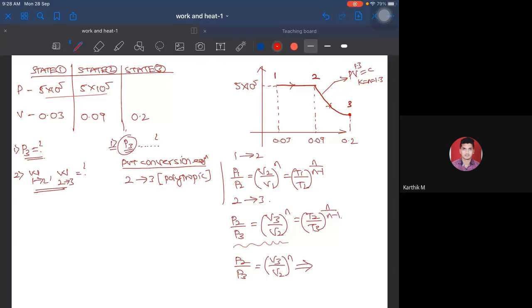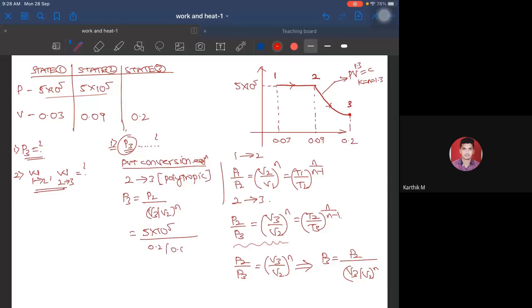So P3 is equal to P2 divided by V3 by V2 whole to the power of n. I know all of them, just substitute. It is 5 into 10 to the power of 5 divided by V3, which is 0.2, divided by V2, which is 0.09.